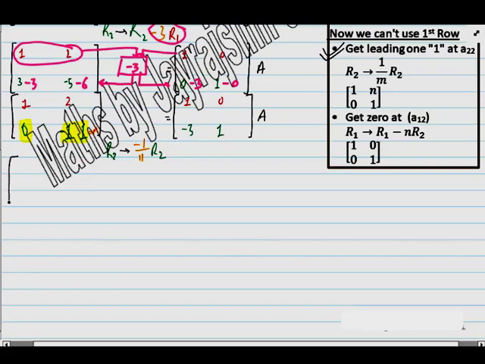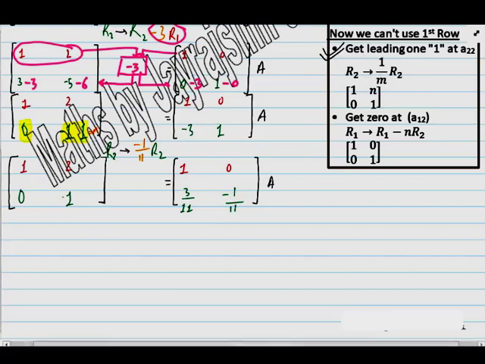In this operation, our first row will be as it is and our second row become 0 by 11, 0, minus 11 by minus 11, 1, minus 3 by minus 11 will be 3 by 11, and here we'll get minus 1 by 11. We complete our third step. We get leading one at A22 as well as we get the value of n, which is 2.